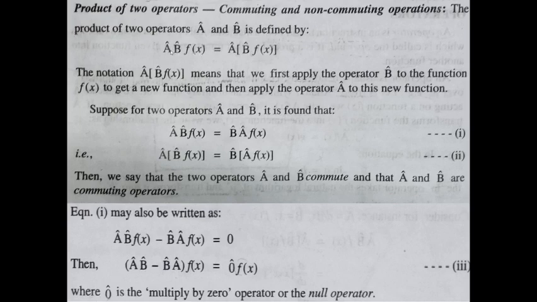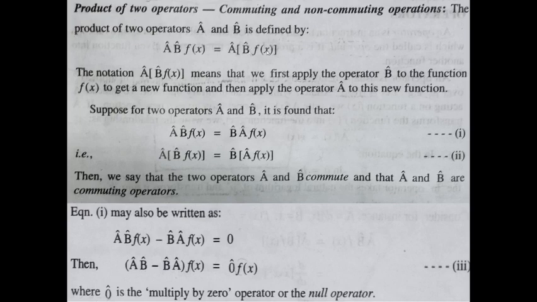So this is the product of two operators. Two operators are written together, and then f(x). Here A operator acts on B operator f(x), and similarly we can write it as B operator A operator acting on f(x).